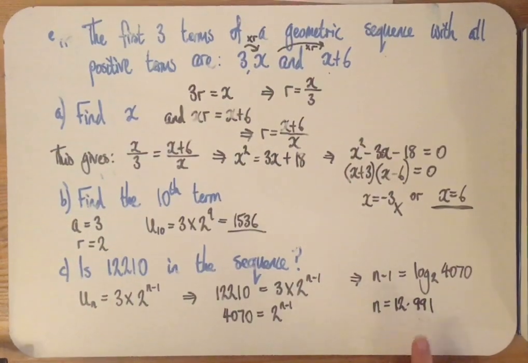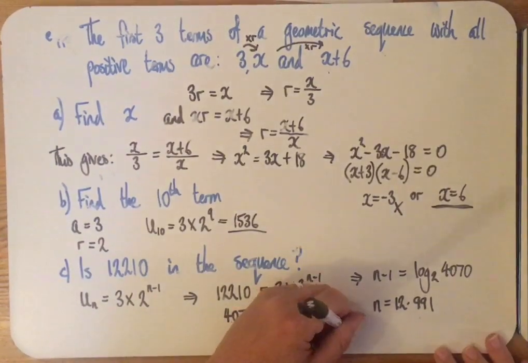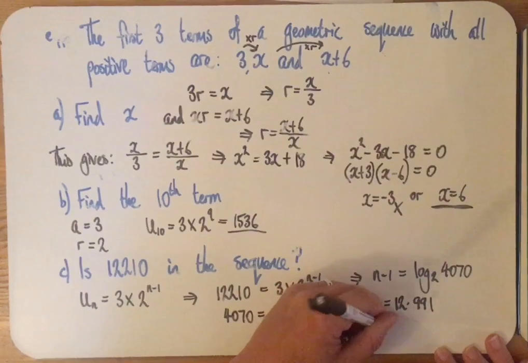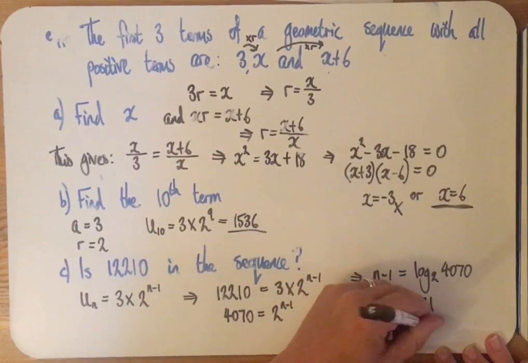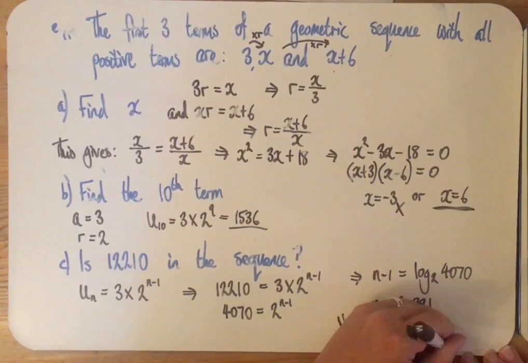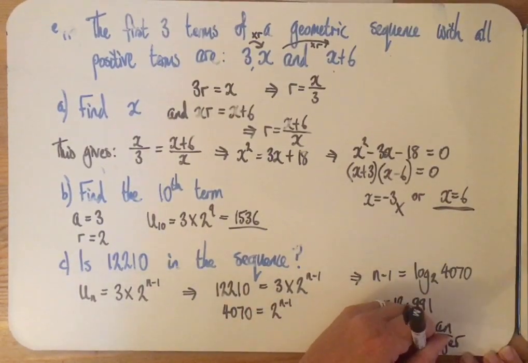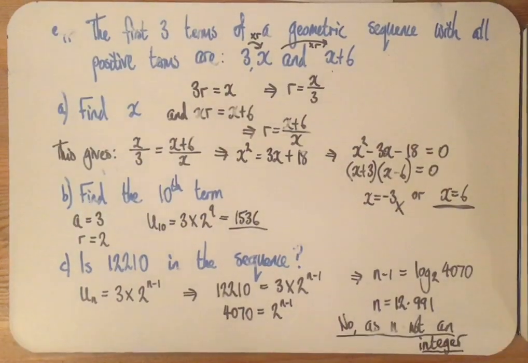I meant this to be not quite as integery as this, but this is not in the sequence because n is not an integer. I should have made it slightly smaller to make it clearer, probably. So it wouldn't need to be an integer exactly unless you've rounded somewhere.